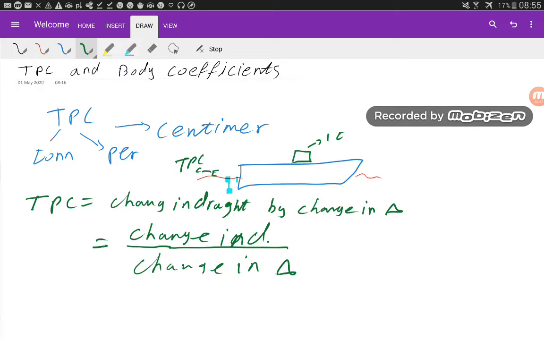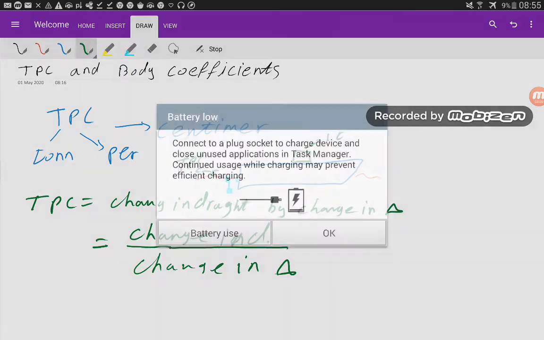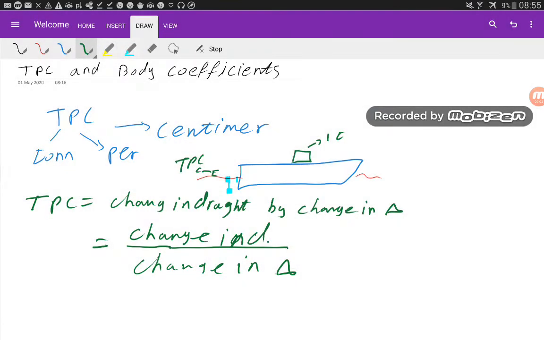But how are we going to calculate that one? So let's look at the TPC from another point of view. We are talking about TPC as change in draft by change in displacement, and if we add 1 ton of cargo, the draft will change by 1 centimeter.